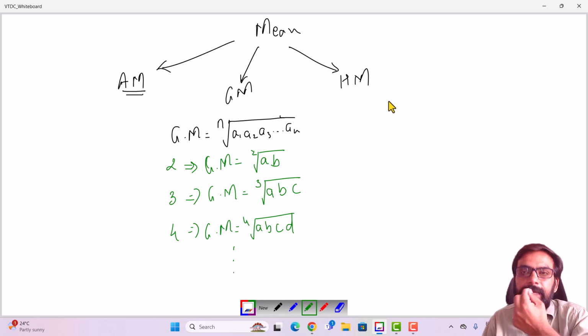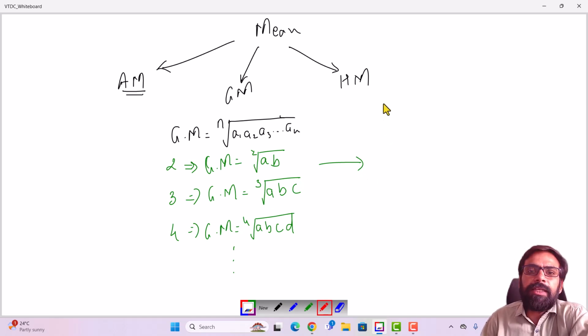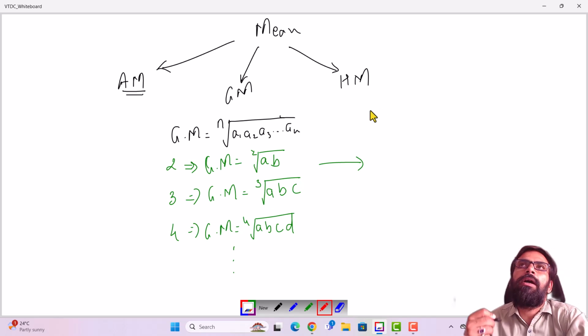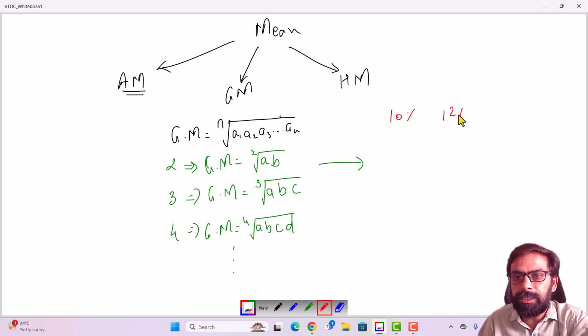Now, GM is very, very applicable, if I just talk about the application of GM. Let me change the color of the pen again. The application is something like this. For example, let's say I've invested my money in an instrument, and that increases my money by 10%, 12%, and let's say 13%. These are very simple numbers over here. Let me go for a twist.